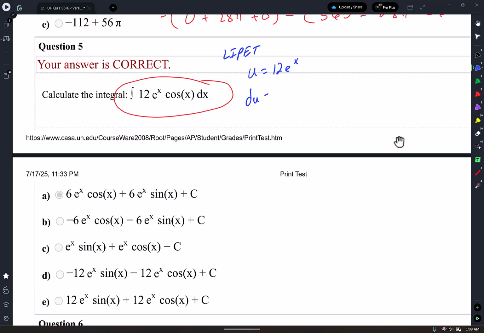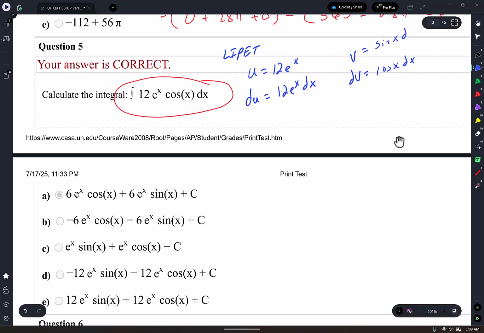So u, du. I'm going to write v, dv. So my du is 12 e to the x dx, and then my dv has to be cosine x dx. So my v is going to be sine x. Oh, sine x, just sine x. Sorry about that. I think we're good.